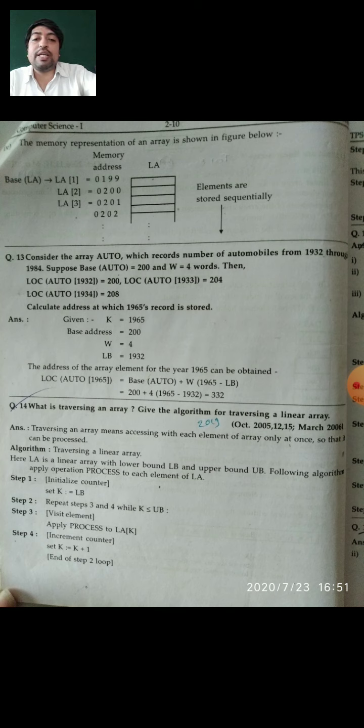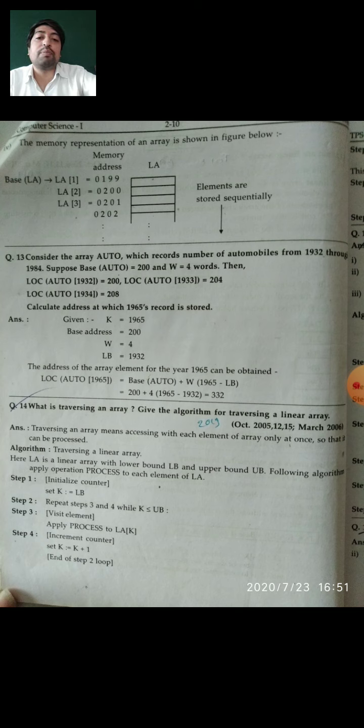Then LOC auto 1932 is equal to 200, LOC auto 1933 is equal to 204, LOC auto 1934 is equal to 208. Calculate the address at which 1965's record is stored.